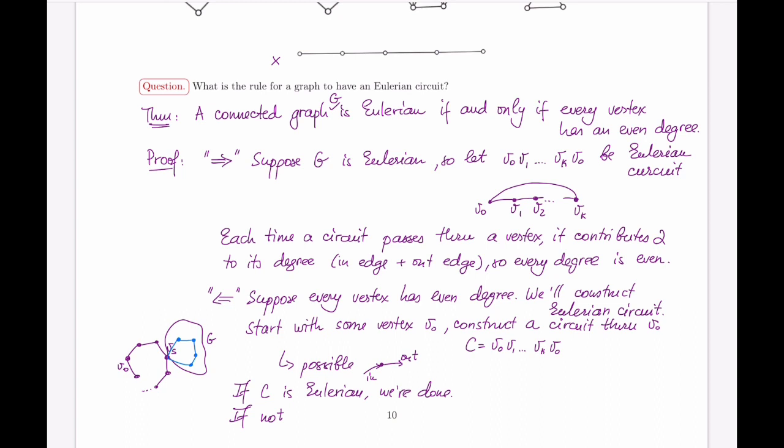I just wanted you to see how one might justify the existence of an Eulerian circuit from a very simple assumption of evenness of every single degree.